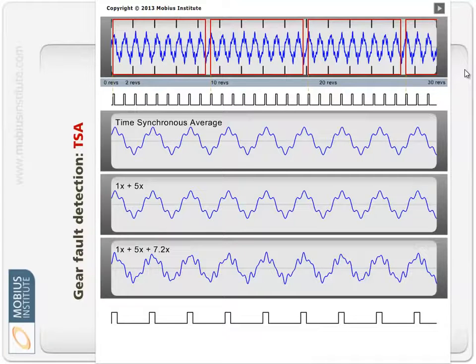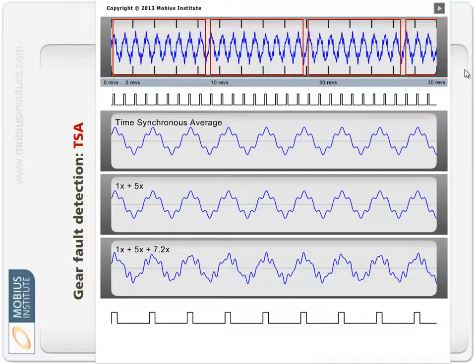However, if you've got a multi-stage gearbox, well, you just averaged away a lot of gear vibration that you are interested in. So now, ideally, you would also get a tack signal off the intermediate shaft, or every shaft in the gearbox. Now, you may not be able to do that, but thanks to the wonders of software and electronics, there is an easier way.